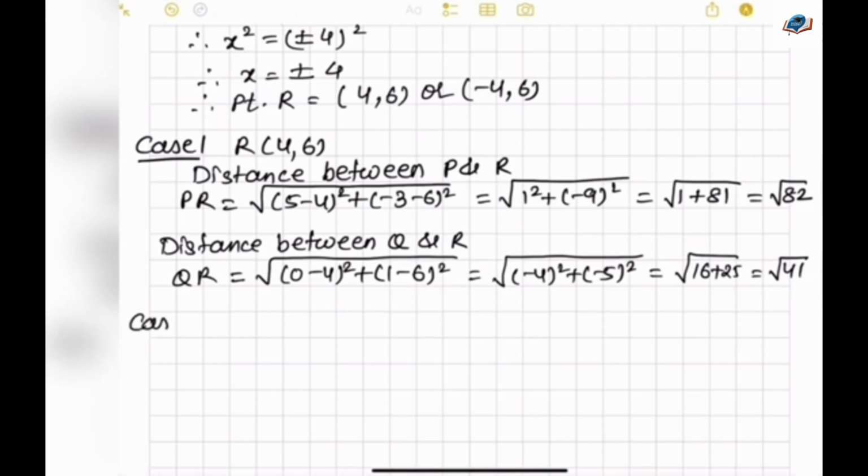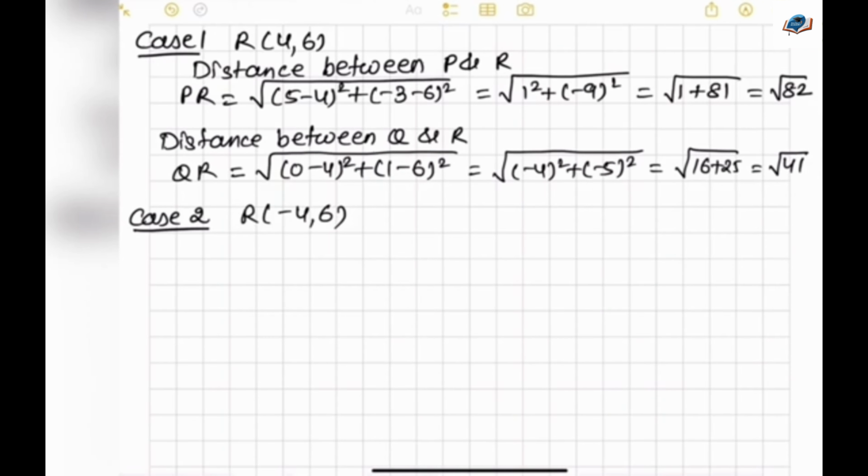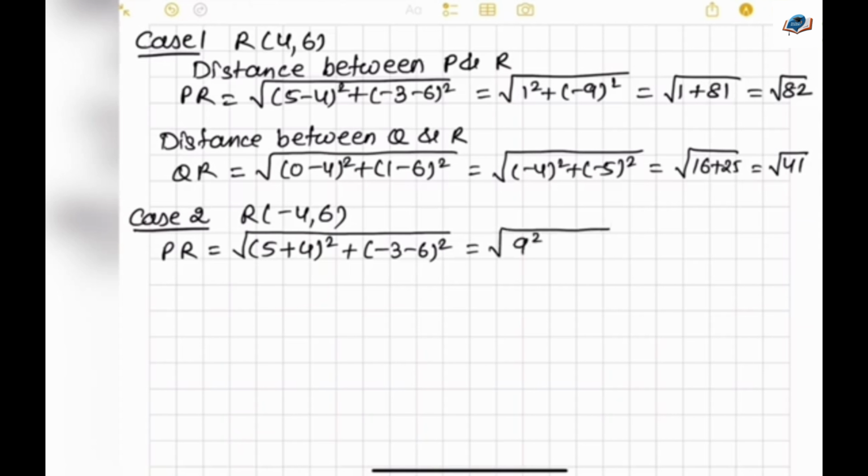Now, case 2, R is (-4, 6). So PR, that is distance of P and R, will be root of (5 minus of minus 4), so (5 plus 4) whole square plus (-3 minus 6) whole square.